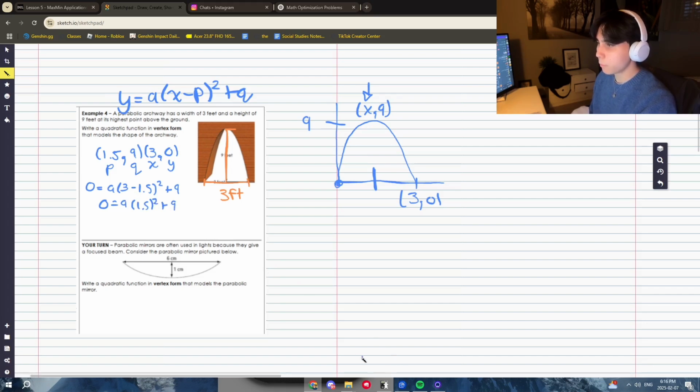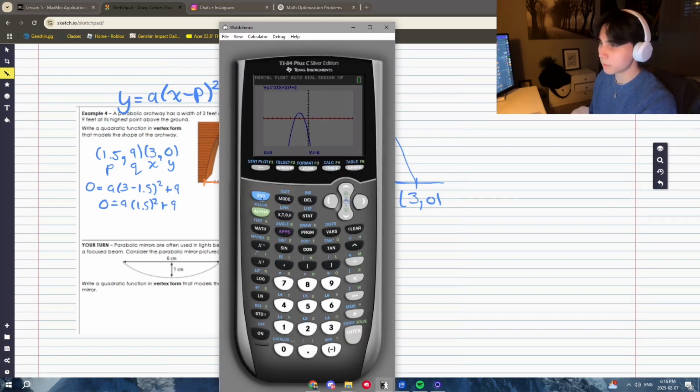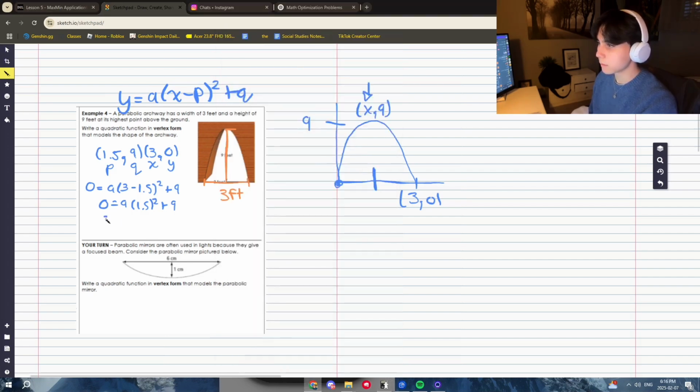And 1.5 squared is going to be 2.25. So we get 0 equals a times 2.25 plus 9.